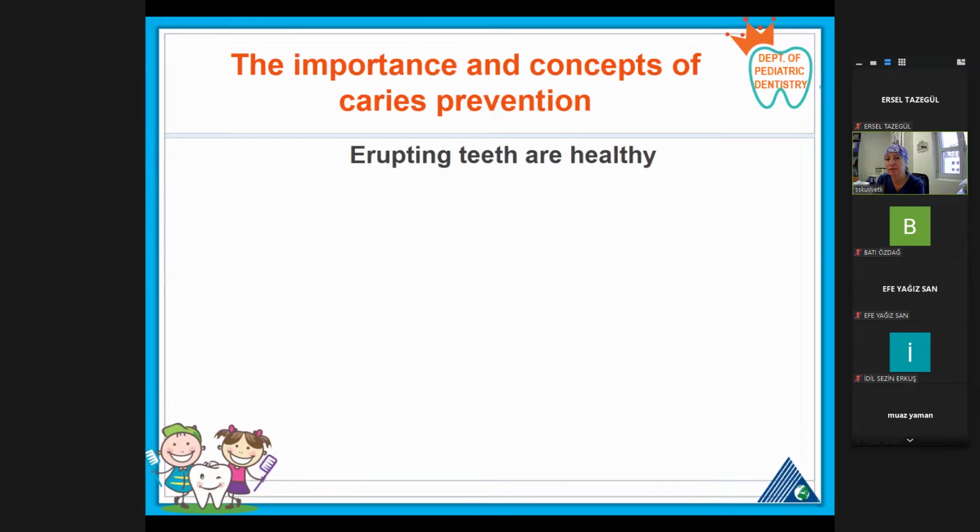And let's have a look at the important concept of caries prevention. Why do we need to prevent dental caries from happening? First of all, we know that erupting teeth are healthy because dental caries is an acquired disease, which means it's not congenital. We don't come to life with dental caries. It's impossible because we know the etiological factors that cause dental caries.